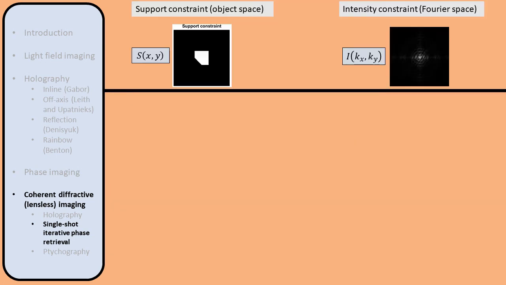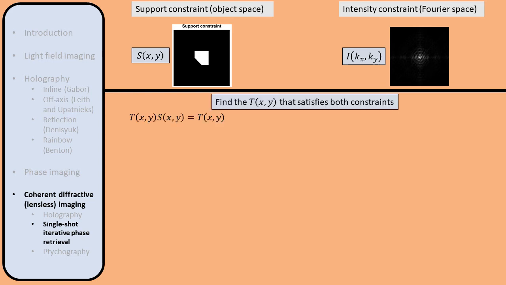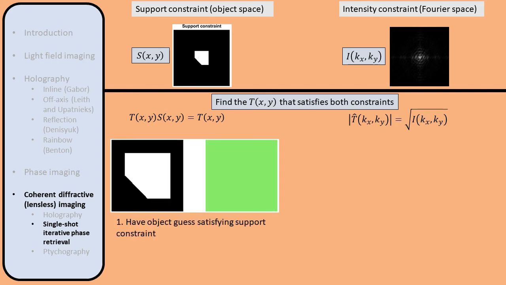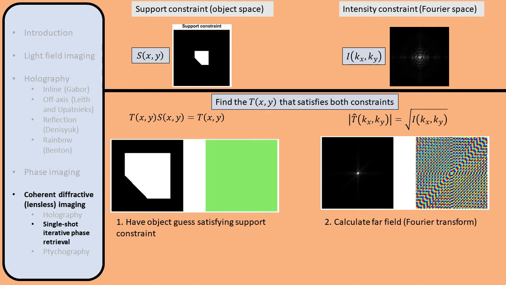Let's see if we can come up with a simple algorithm that performs the reconstruction. We want to find a transmission function that satisfies both the support constraint and the intensity constraint. So let's start with a function with a certain amplitude and phase that satisfies the support constraint. To check whether it also satisfies the intensity constraint, we take the Fourier transform of the guess.